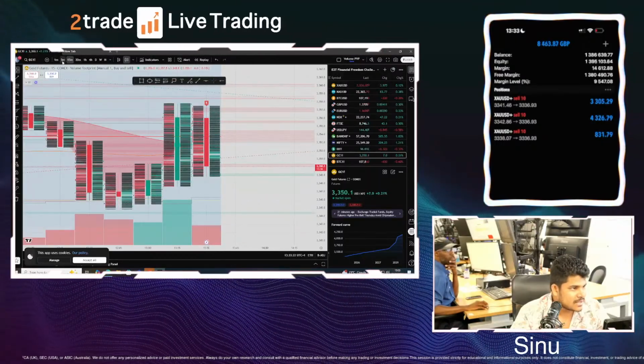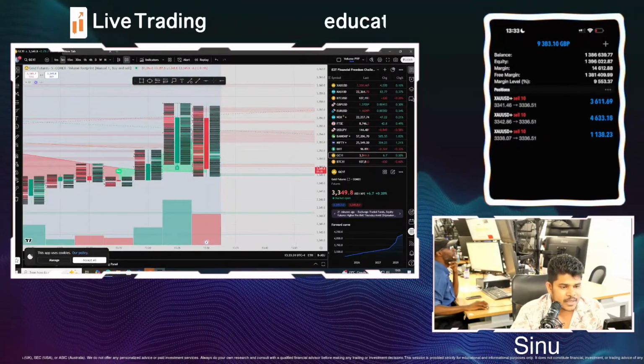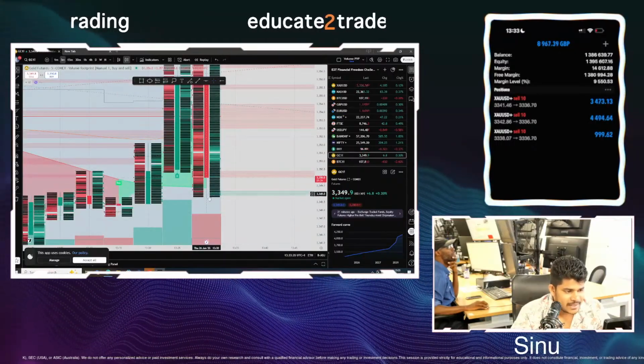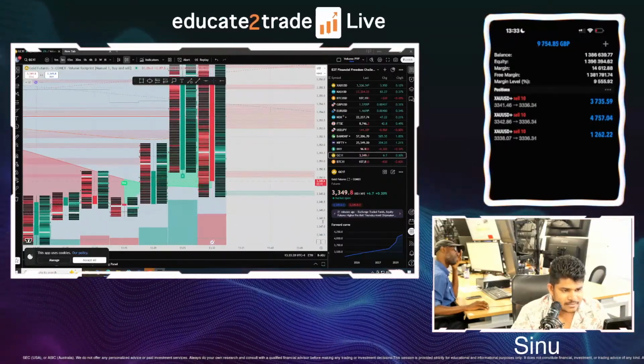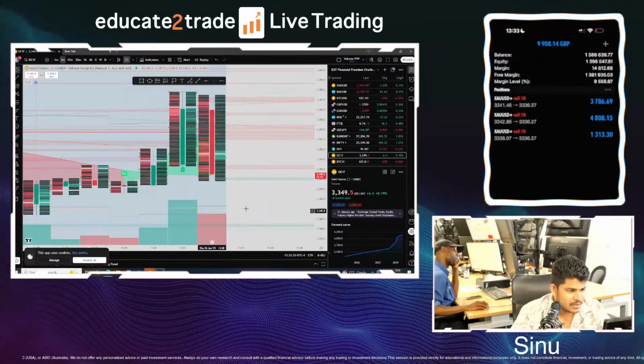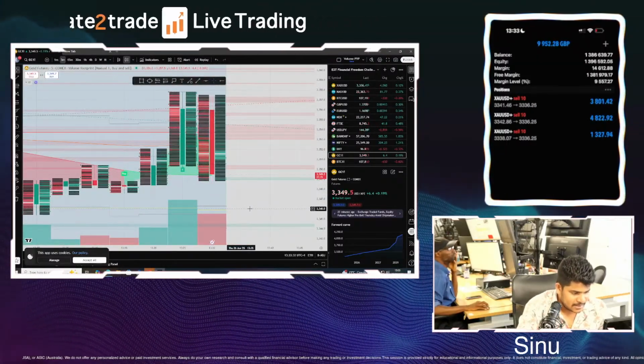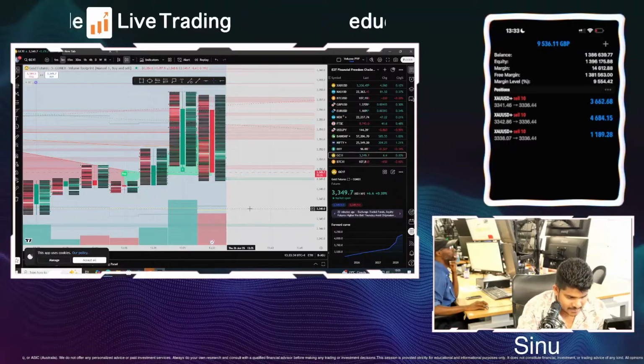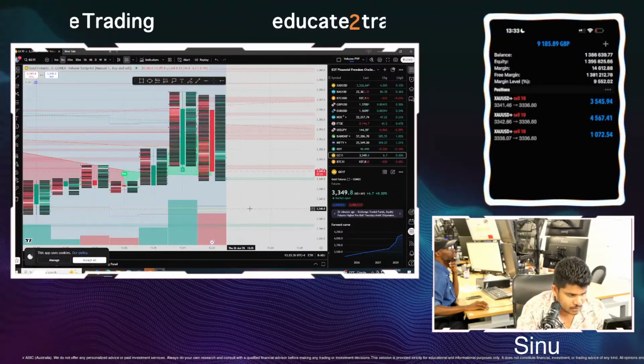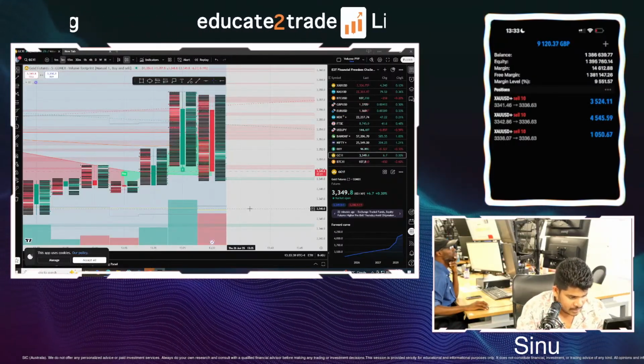Let me go back and see if the market is able to take out this level, this imbalance, manipulating within this level, or as I said, this could be a great runner if the market closes below 3331 on the 4-hour time frame.